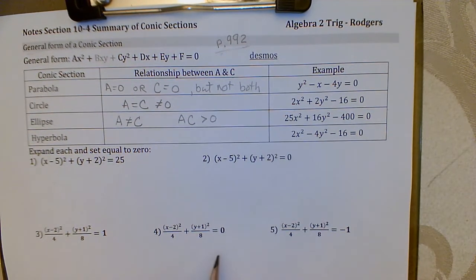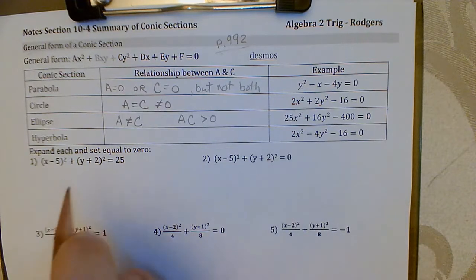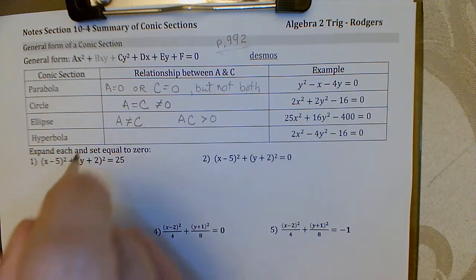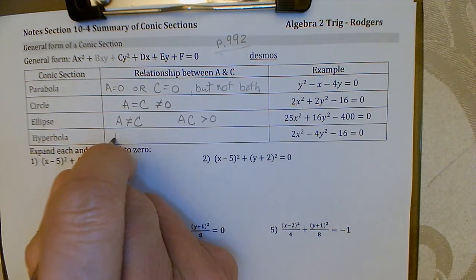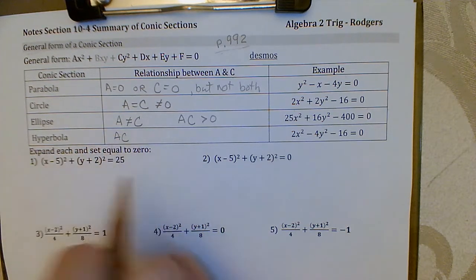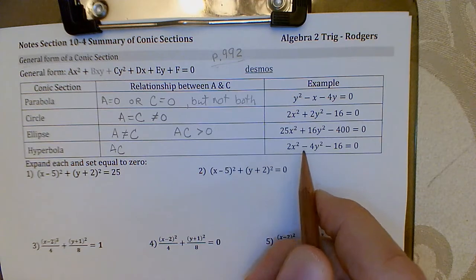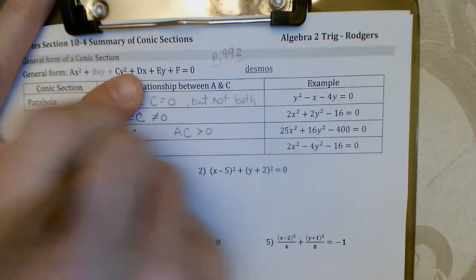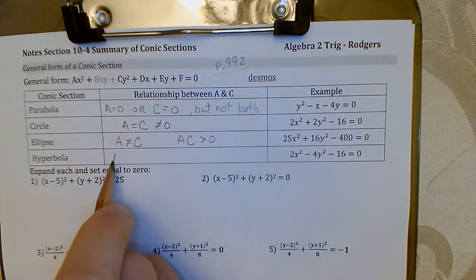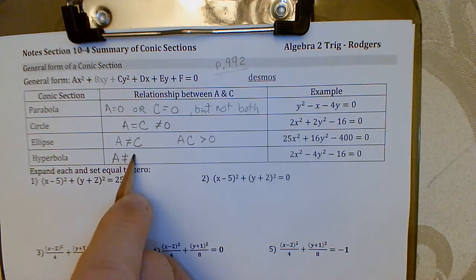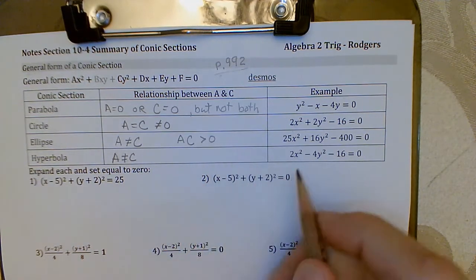All right. And for a hyperbola, what do you notice? A times C, like they're different, right? You might say, I suppose you could say that A is not equal to C as well.